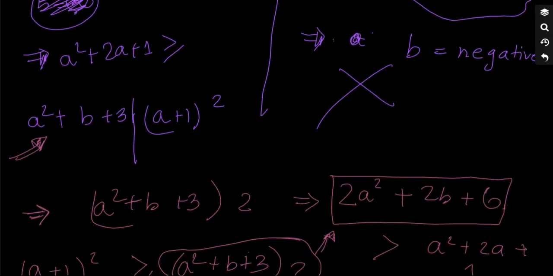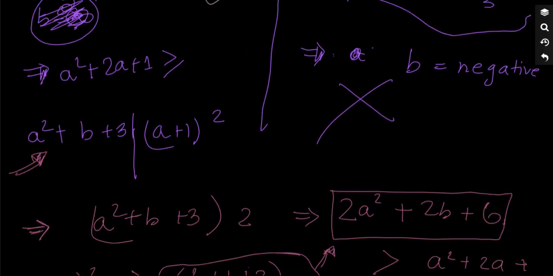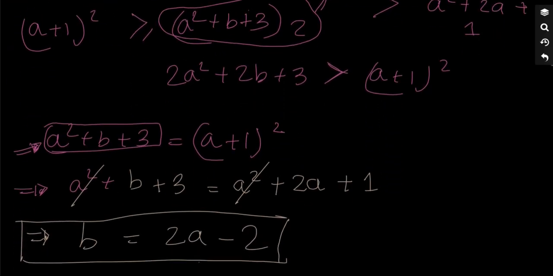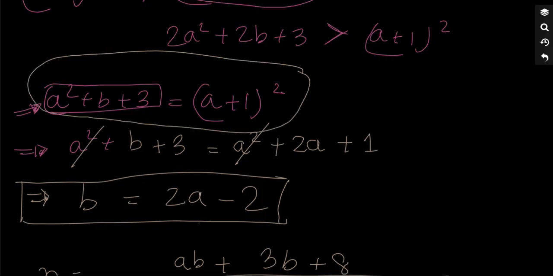Then we tried to show that if we multiply this thing by 2, then things are going to get messy. So that means what? Then we get this thing also from there.